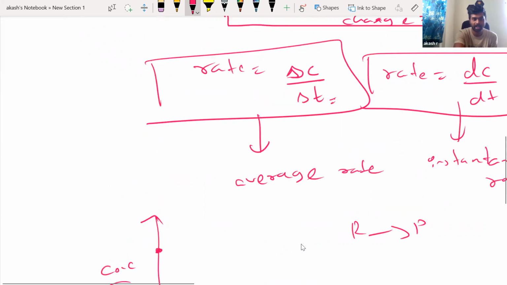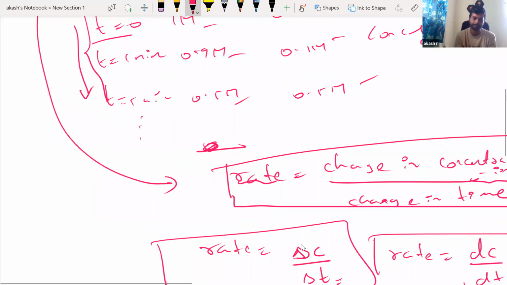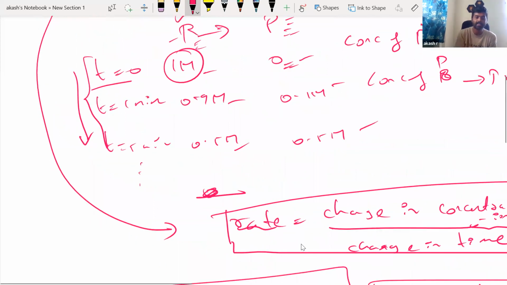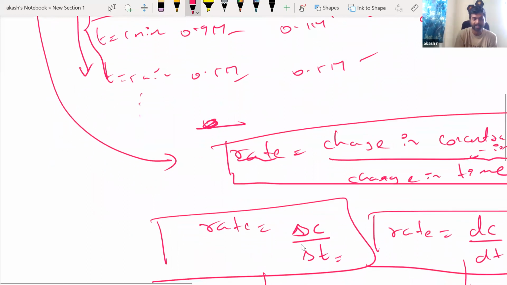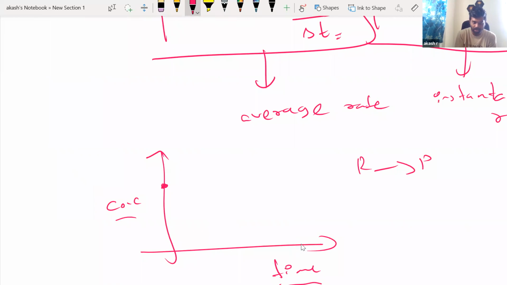As the time increases, the concentration should decrease for a reactant, so you will see a graph something like this. You will see that the concentration will never become 0. It will never touch 0. This is for the reactant.